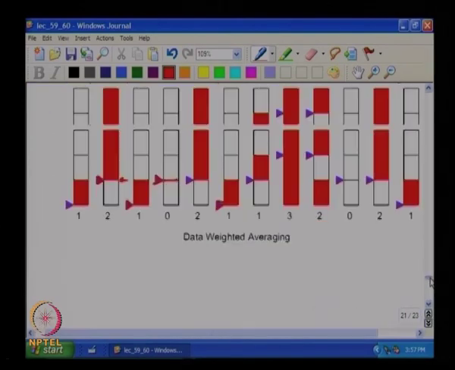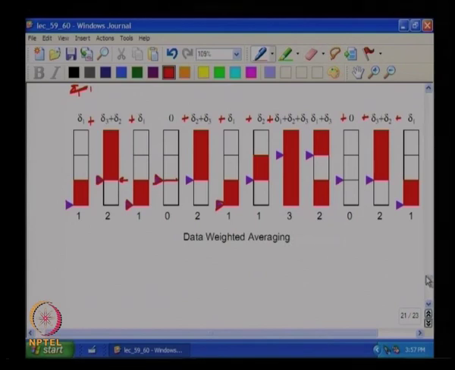So, and this is a very popular algorithm used in many practical delta sigma modulators. One of the selling points of this technique is that the implementation is actually quite straightforward.